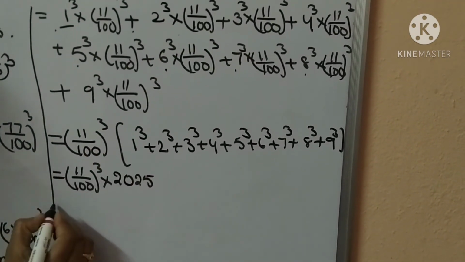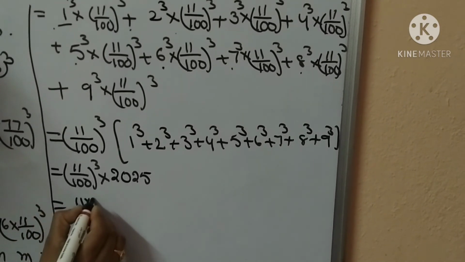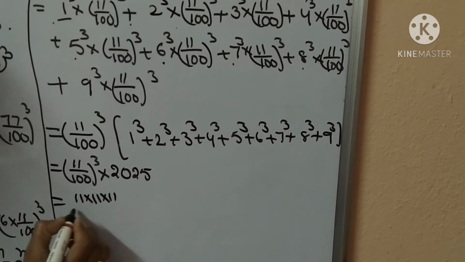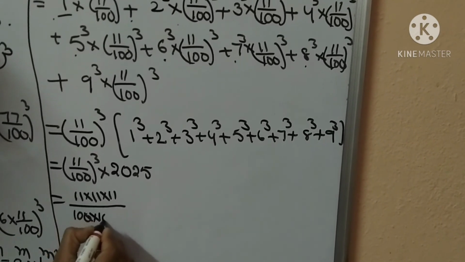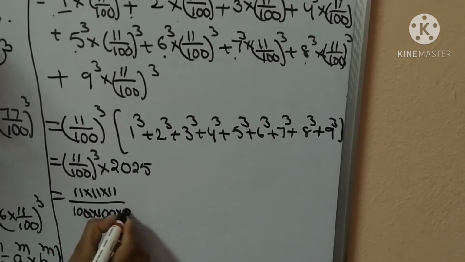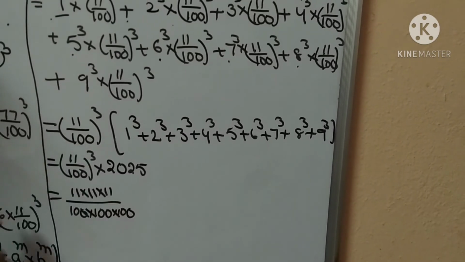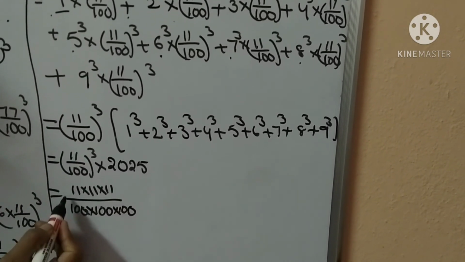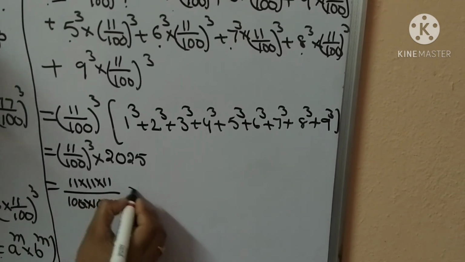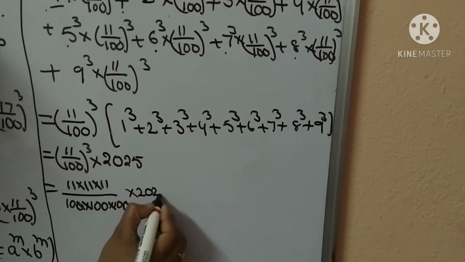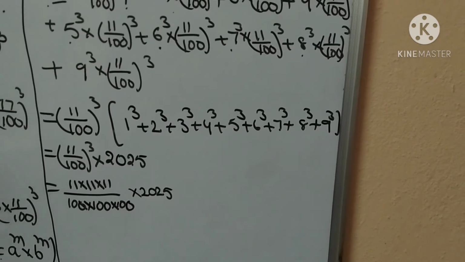Now write 11 cube means 11 into 11 into 11, by 100 means 100 into 100 into 100. (A by B) whole power m equals A power m by B power m. So 11 into 11 into 11 by 100 into 100 into 100, into 2025.